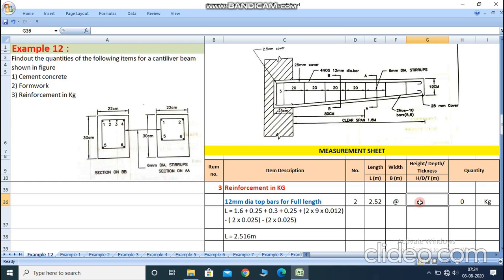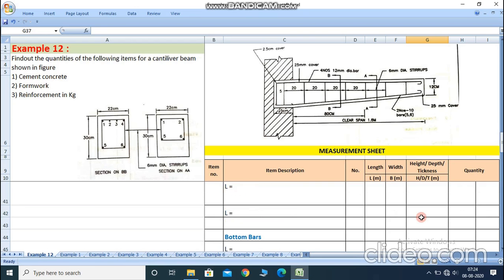If not given, we calculate by the equation d square divided by 162. So here 0.89 kg per meter for the 12 mm diameter bar. So the total quantity of the 12 mm diameter top bar for the full length we calculated is 4.4785 kg.